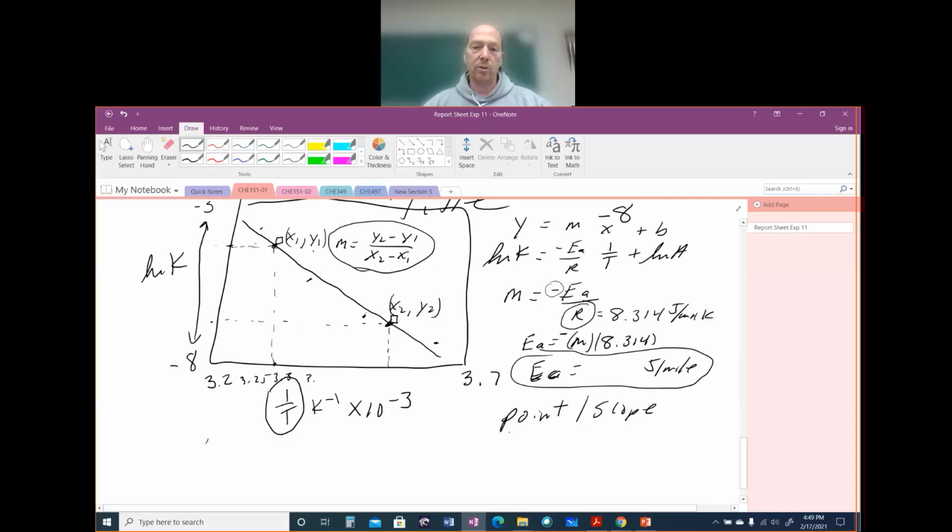It doesn't make any difference. Pick x1, y1. And so you put in your y1 point, you put in your slope that you've calculated right there on your graph, you put in your x1 number off your graph, so y1, x1, these are the numbers off of your graph, off of the point that you picked, all right, and then plus the ln of A.